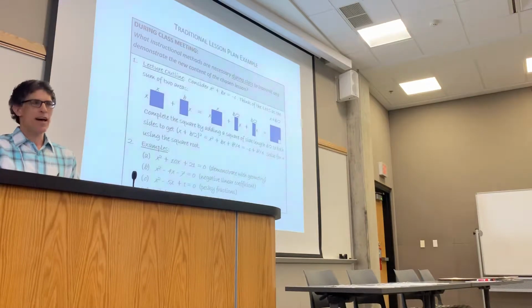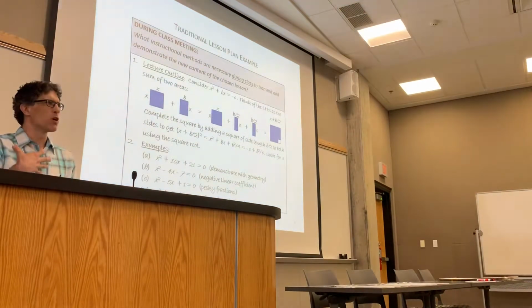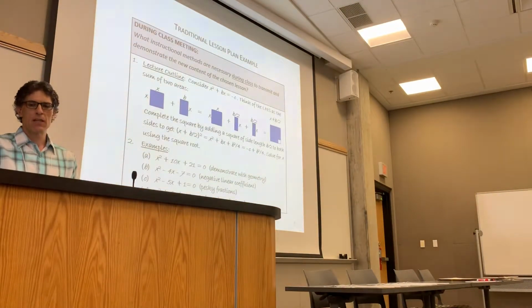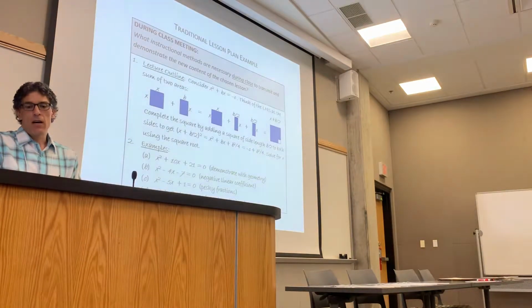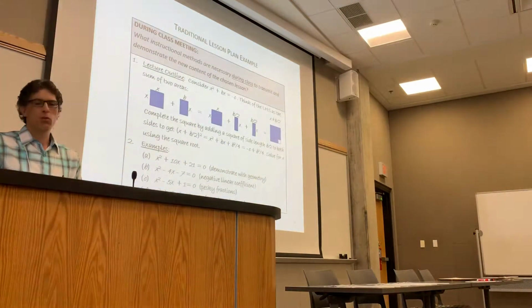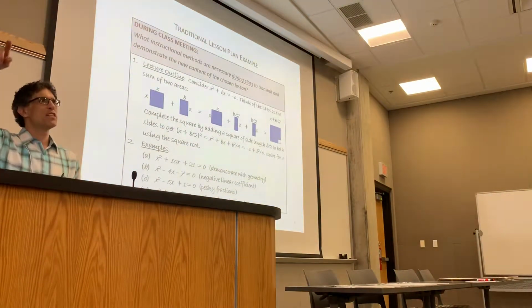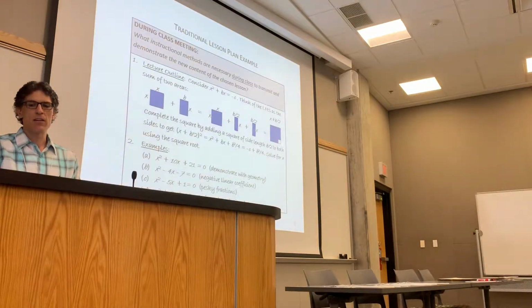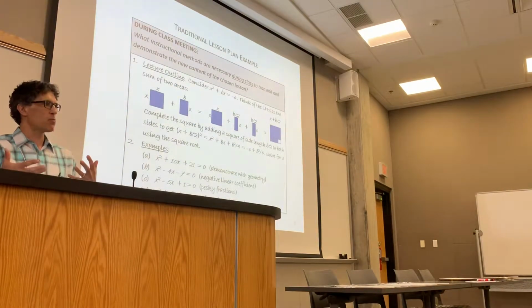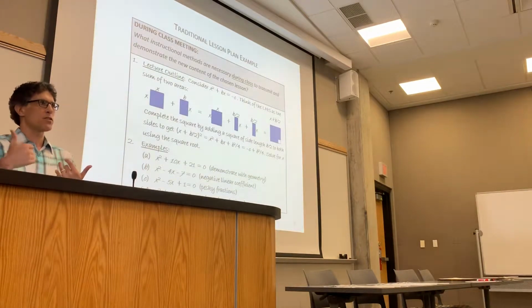So what I have here is basically in my own words. You might have a different take on this, but I have a lecture outline. What I might do is, let's just consider x squared plus bx plus c equals 0, move the c to the other side, get it out of the way, it becomes negative c, and then proceed to look at this problem geometrically. The x squared is a square of side length x by x.